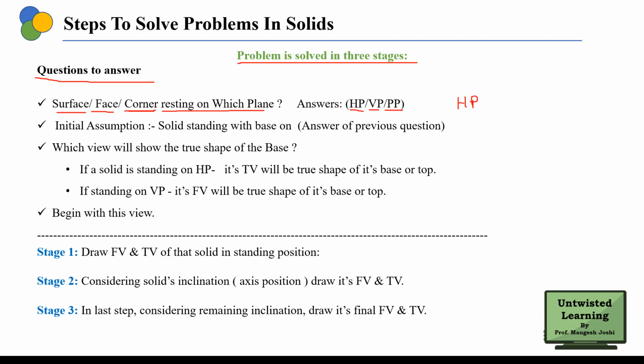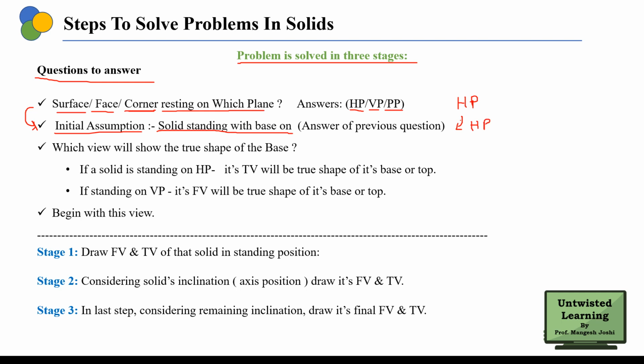Once you get the answer of this question, you will proceed towards the second. Your initial assumption will be solid standing on base, based on the answer of the previous question. So simply write here: your initial assumption will be solid standing with base on HP.